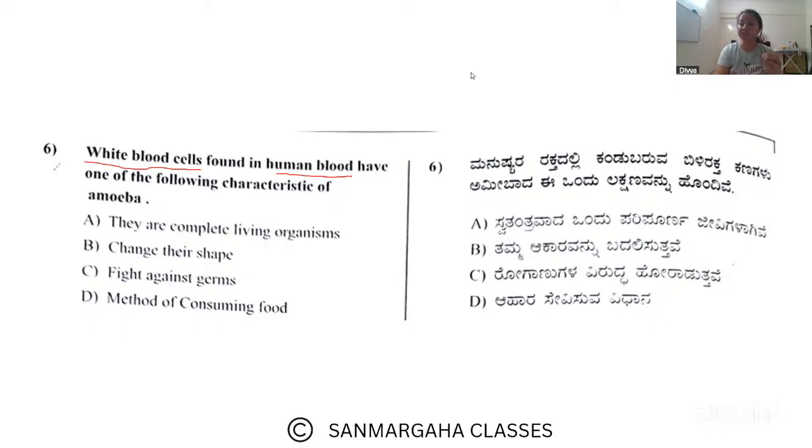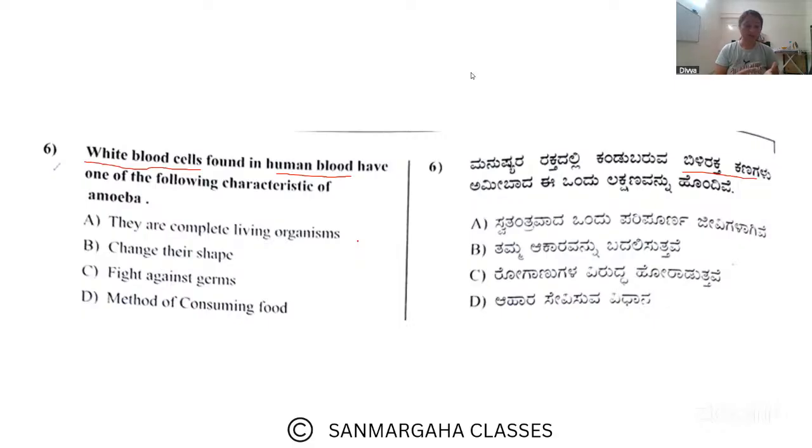Okay, so which characteristic do the white blood cells found in human blood share with amoeba among these four? They are complete living organisms, or they change their shape. Whether amoeba changes its shape, we know that. Similarly, do the white blood cells change their shape, or do they fight against germs?